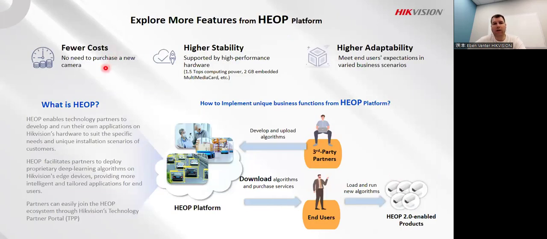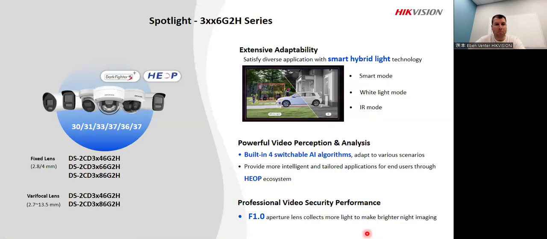When it comes to that HEOP platform, this is our third-party platform designed to help you with third-party applications, whatever you would like to introduce to the camera. There are so many different programs out there. We're just going to highlight a few of our own. The new version of this HEOP platform is now 2.0, so there are more advanced features designed for normal third-party applications.